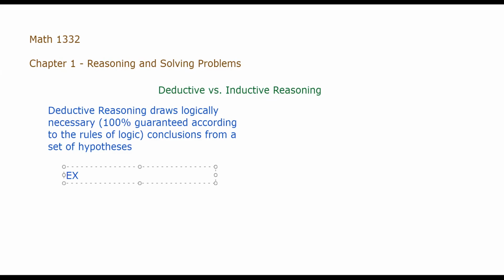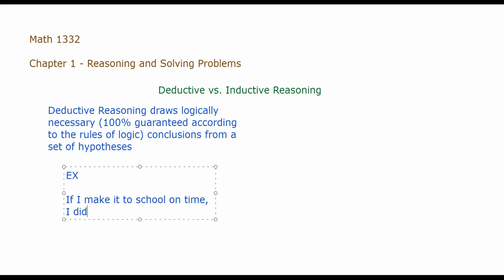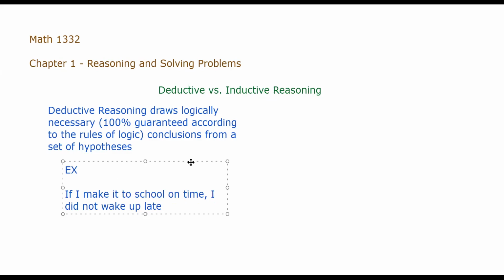So an example of this: if I make it to school on time, I did not wake up late. So this is a basic idea. If I make it to school on time, I did not wake up late. Let's assume this to be true.